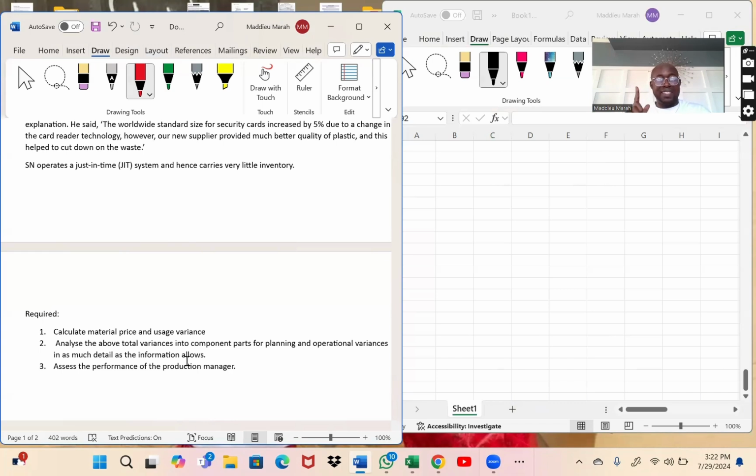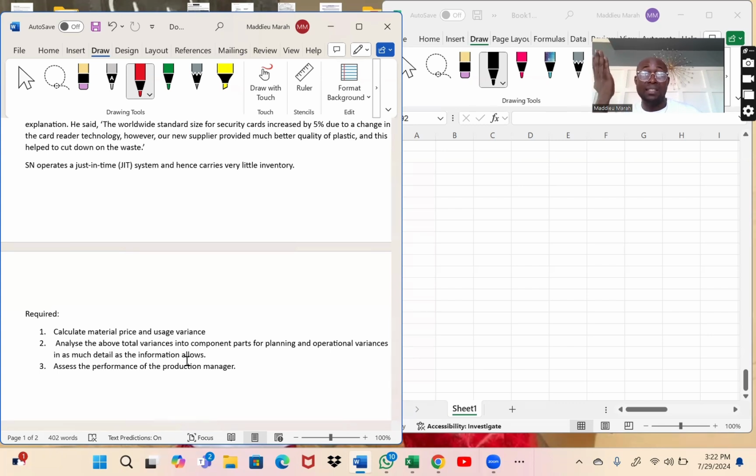Okay. And remember, I told you about variance. This is a professional paper. What you do, you have to analyze, assess the performance of the production manager. Take note, the production manager. So if we are assessing performance of the production manager, any variance relating to price, the production manager will not be responsible, except we are told in the question that the production manager also takes part in buying his material from his supplier.